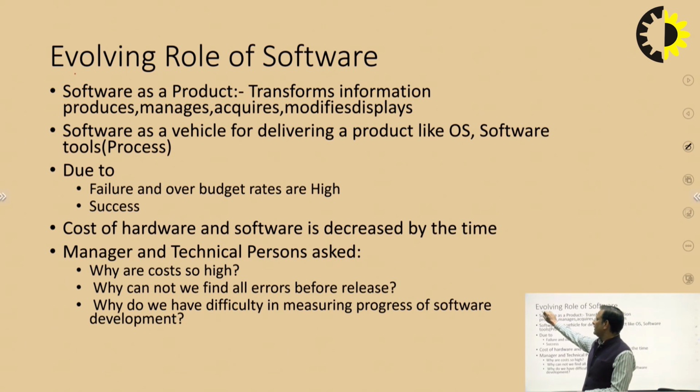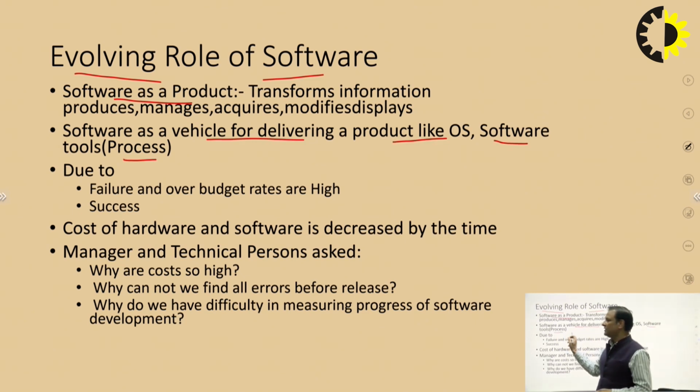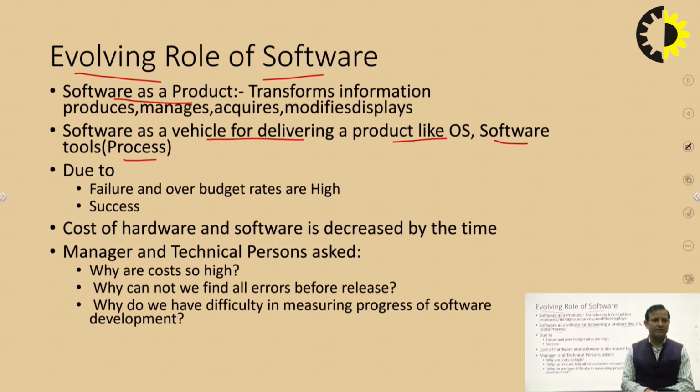How has the role of software evolved in life? If we consider it as a product, it transforms information, produces, manages, acquires, modifies, and displays. As a vehicle for delivering a product, like operating systems and software tools, it is generally named as processes.